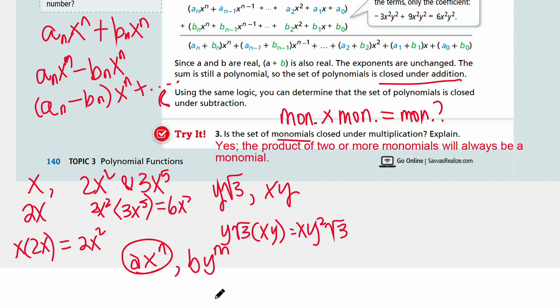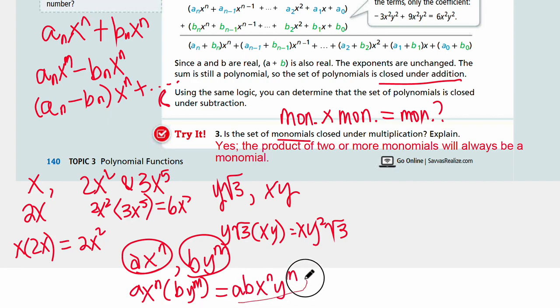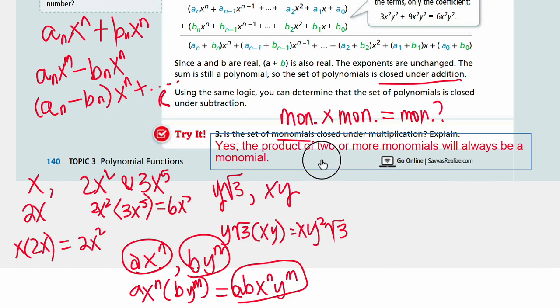Then you can multiply them, a times x to the nth power times b times y to the nth power. And you can multiply a times b times x to the nth power, y to the nth power. This is still a monomial. So they're monomials. If we multiply them, it's still going to be a monomial. Okay? Because there is not going to be addition or subtraction that separates your terms.